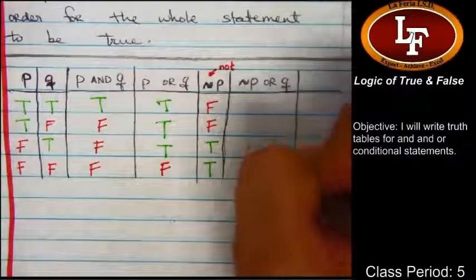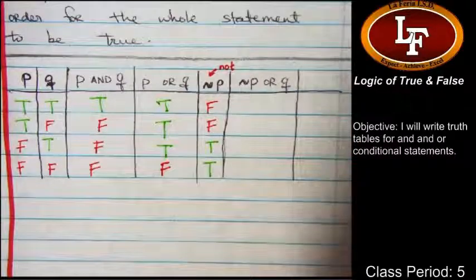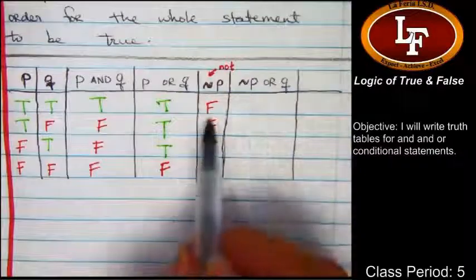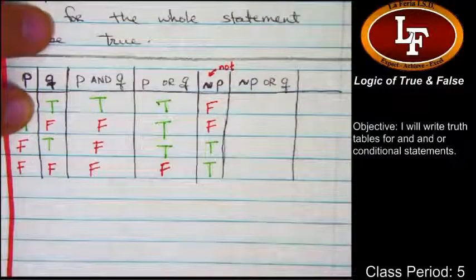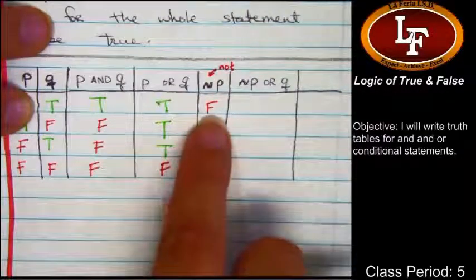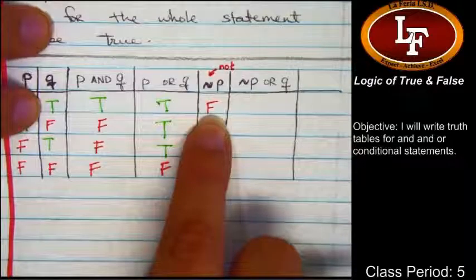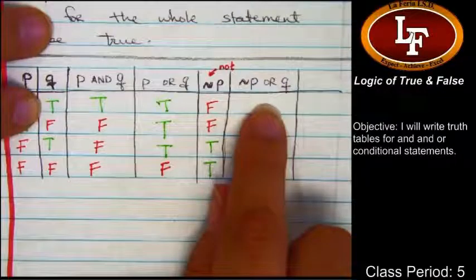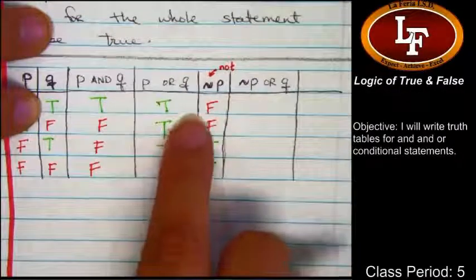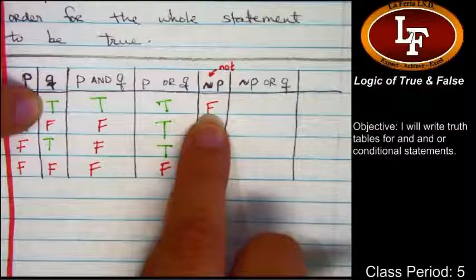Not P or Q. So you're going to look at the not P column and the Q column. Not P is false, Q is true. Not P or Q is? True. Why? Because one of them is true.